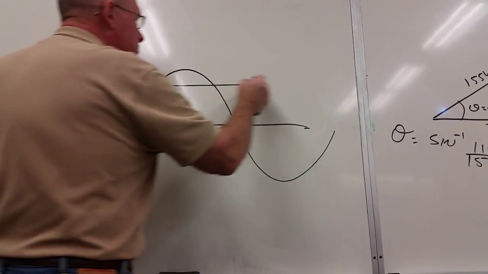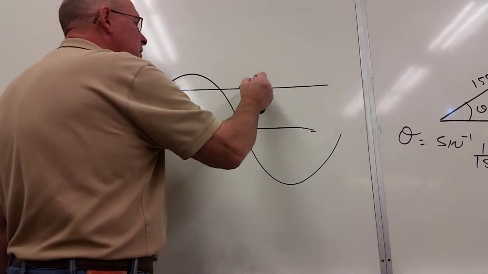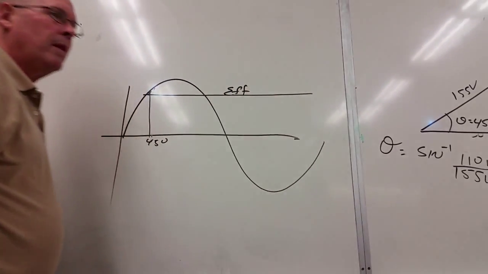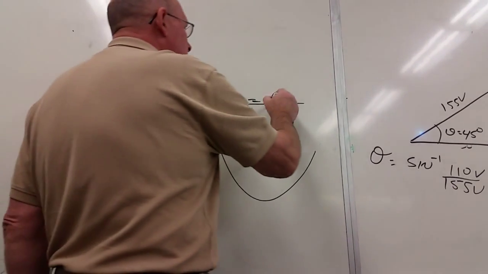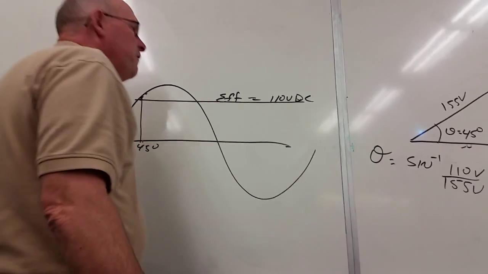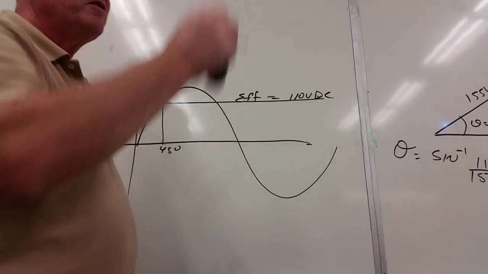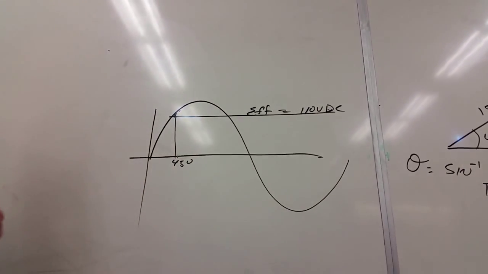It means at this point, this is the effective value, isn't it? And remember, that's equal to 110 volts DC. Effective means it does the same amount of work. Yes? So the effective value is at 45? Yeah.